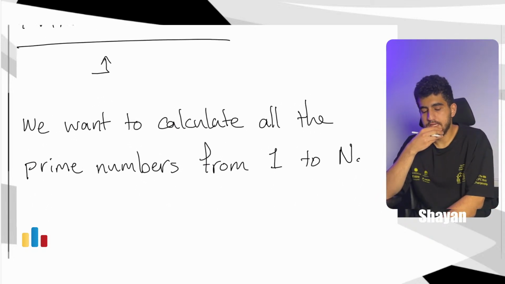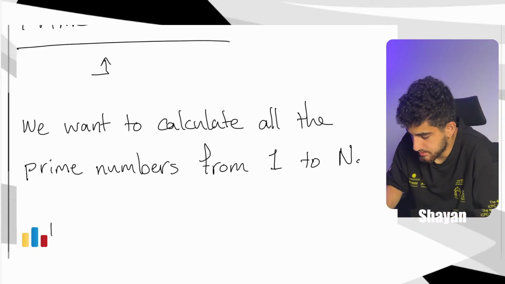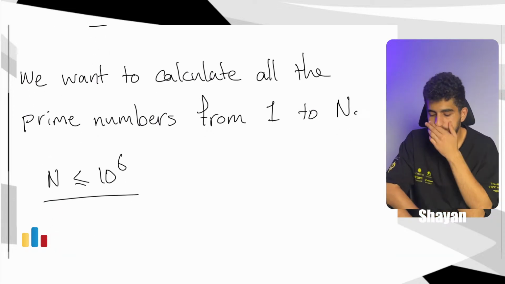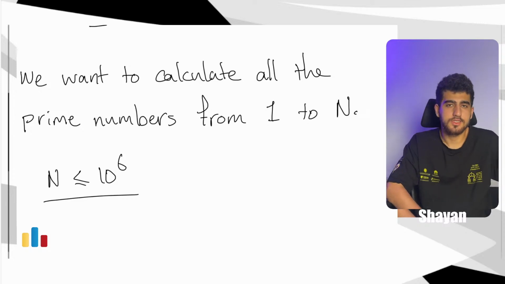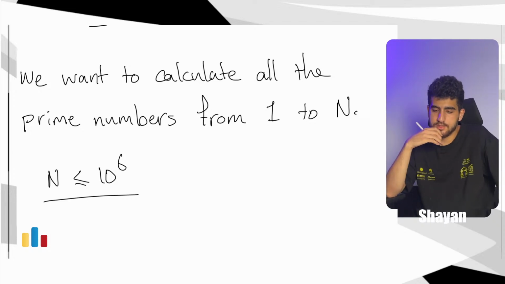Okay, n can be anything. For example, n can be up to 10 to the 6. Assume that we want to calculate all the prime numbers from 1 to 10 to the 6. How can we do this?